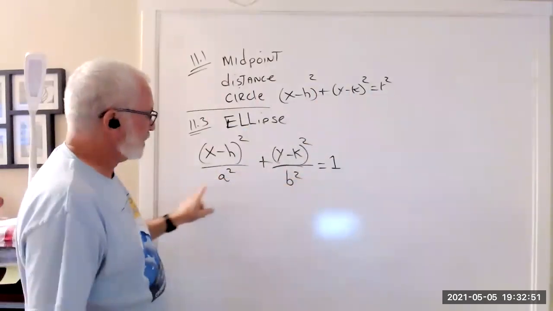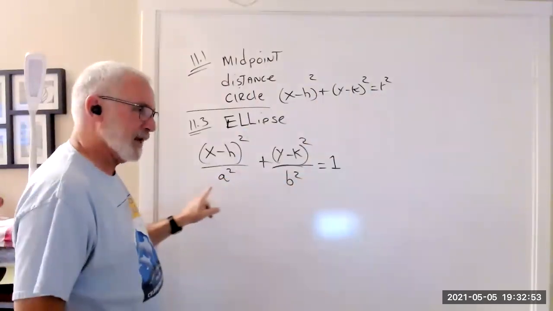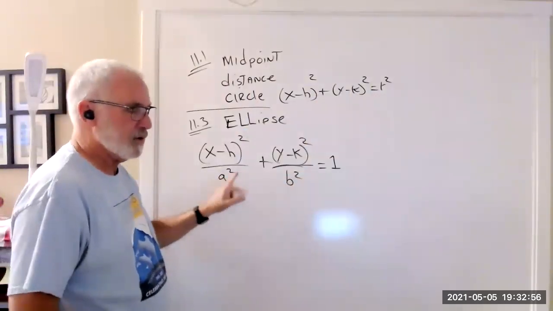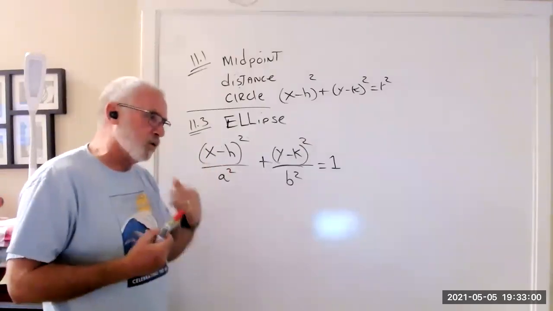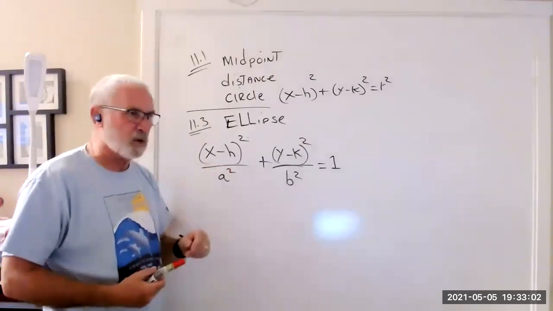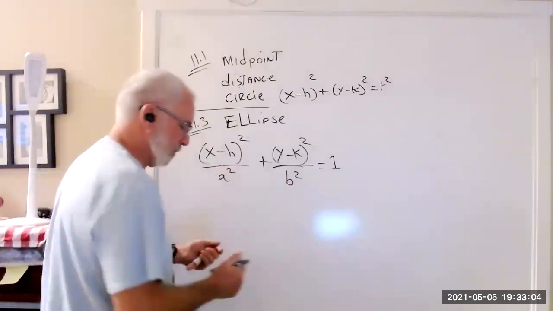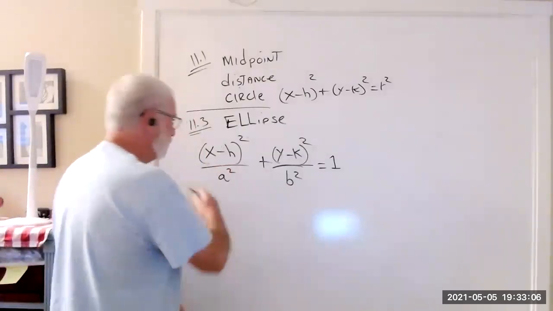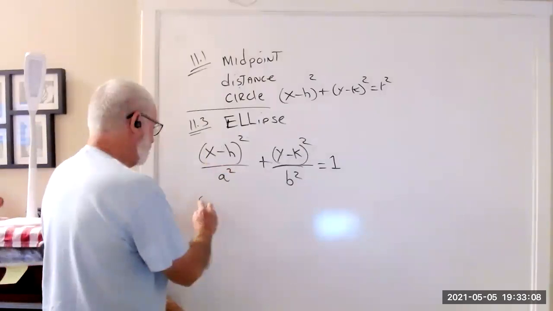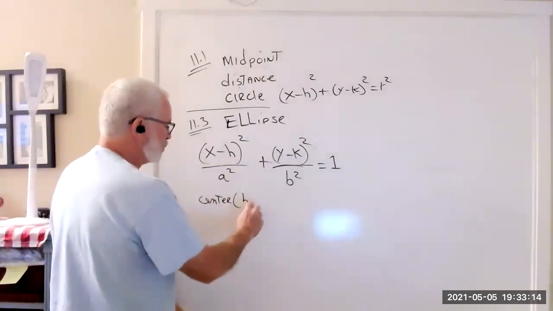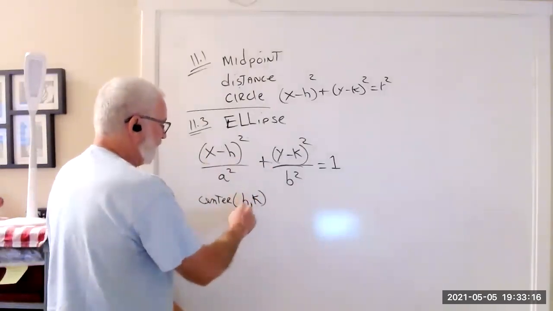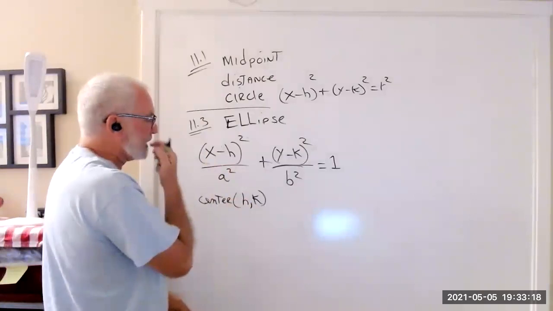An ellipse has these extra things down here that I need to talk about. And they're not hard. I believe I'm the only person in the world who uses the following vocabulary. First off, the center of our ellipse is the same as the circle. It's (h, k). And you have to use the same tricks.